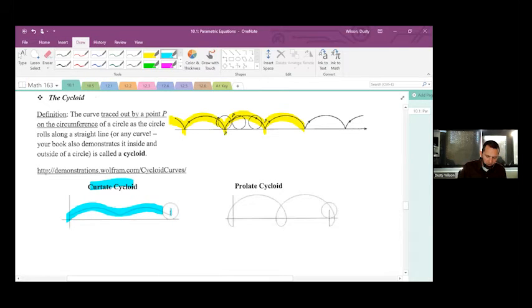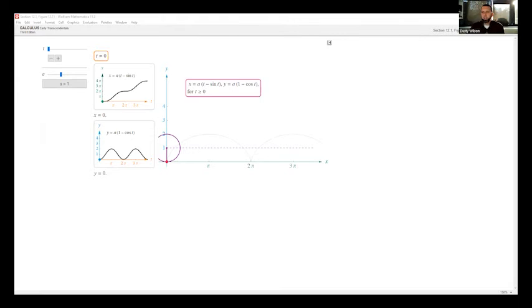And you'll notice in the curate, the point we're looking at is on the inside of the circle. For the prolate cycloid, we very much cross the axis, and the point that we're looking at is outside of the circle. Let's look at an animation to try to understand what's going on here.